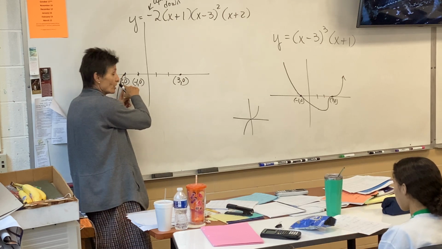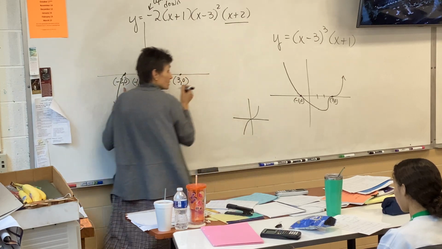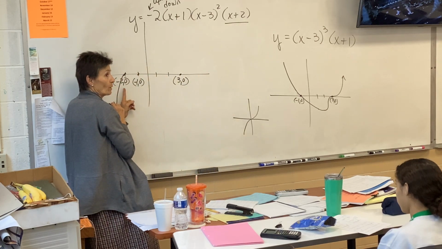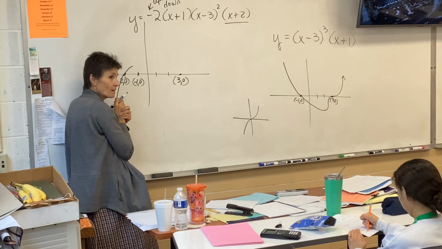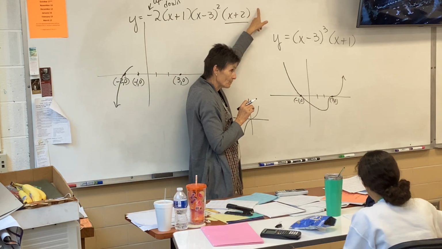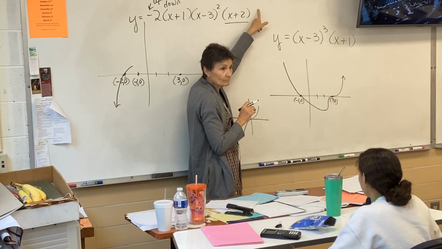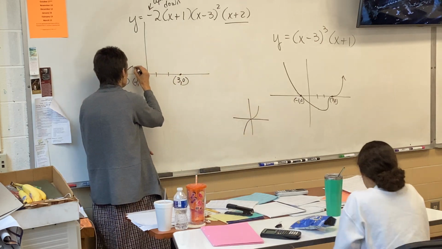Now pay attention. That dot came from here. So what do I do? Go straight through. Why do I go straight through? Because there is no exponent on that factor. Okay, so I have to turn around and come back.